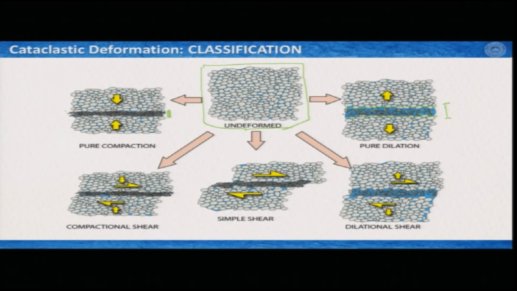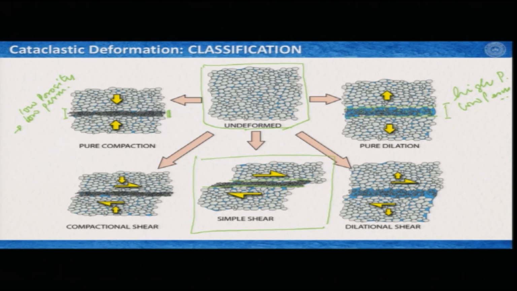So, clearly here this area is of low porosity and therefore most likely low permeability, but here it is essentially high porosity and high permeability. But if shear comes into the picture, which is this one, simple shear, it also produces something like that where you reduce the porosity and permeability.